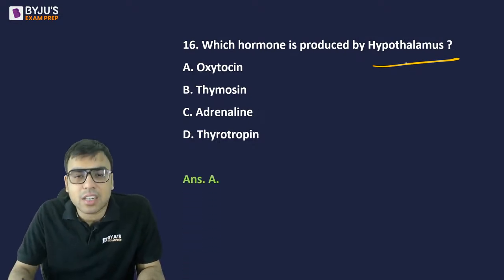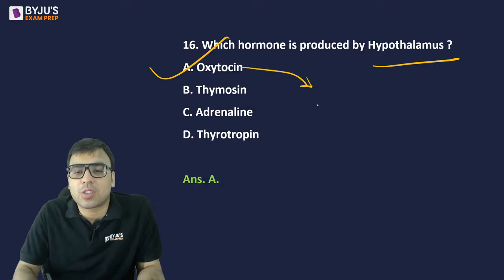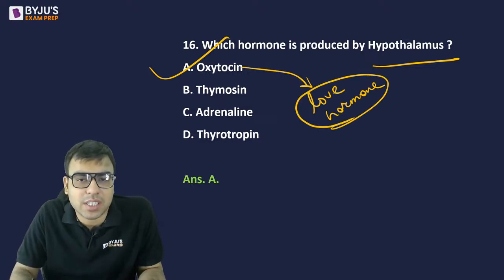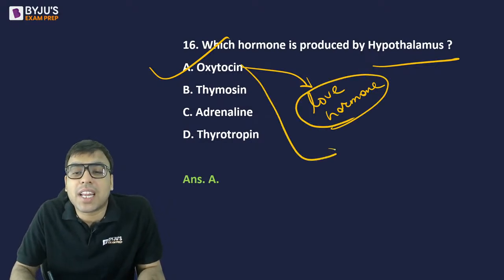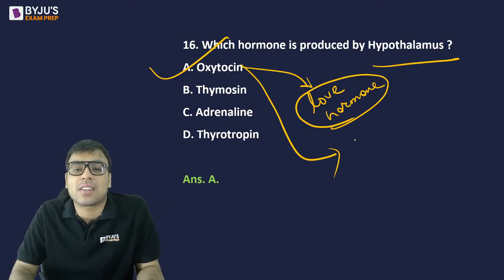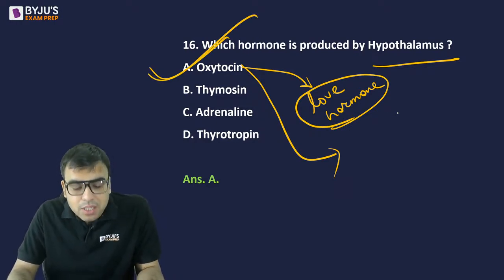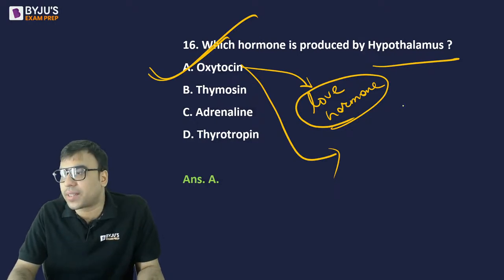So the right answer to this question is oxytocin. This is also called as love hormone. Okay, this is very important in many exams. I have seen this question asked. Okay, especially when the child birth happens, or when mother actually breastfeeds the child. In those cases, oxytocin hormone is very, very important. Okay, so A is the right answer to this question.